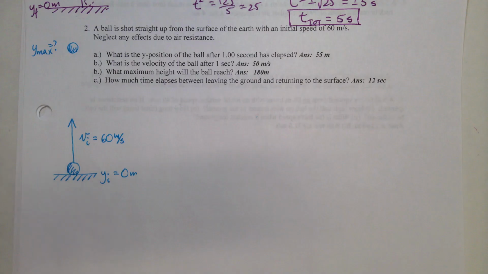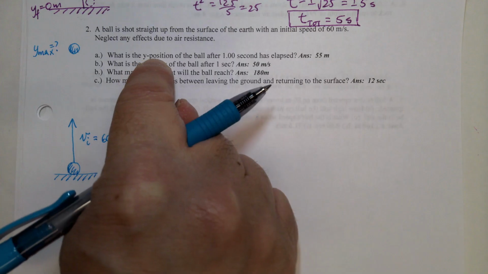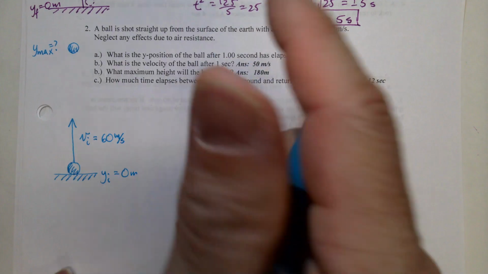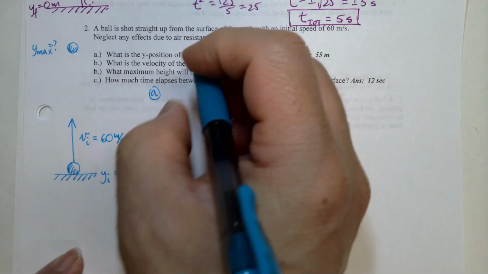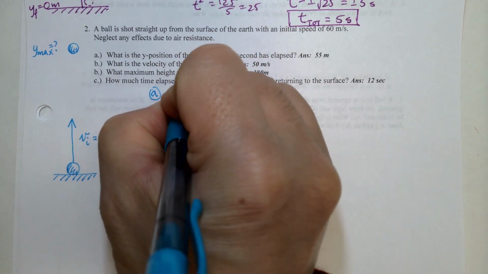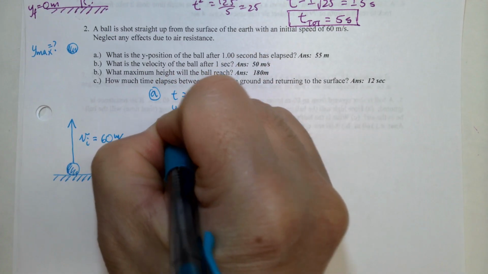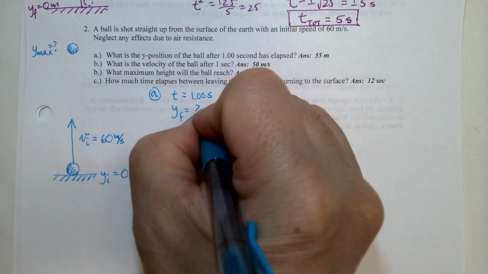Okay. Well, before that, they want us to know what is the y position of the ball after 1 second. So for part A, your time t is equal to 1.00 seconds. They want to know what your y final is when t is equal to 1 second.